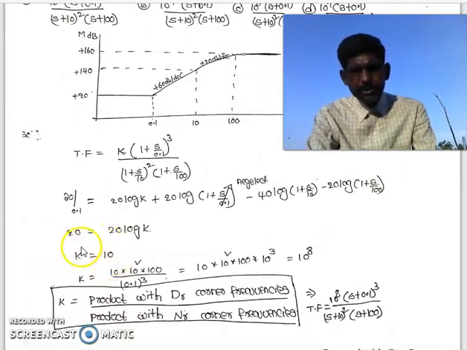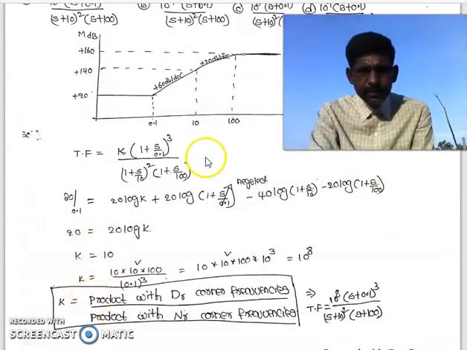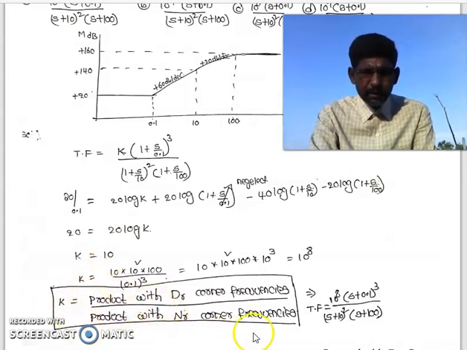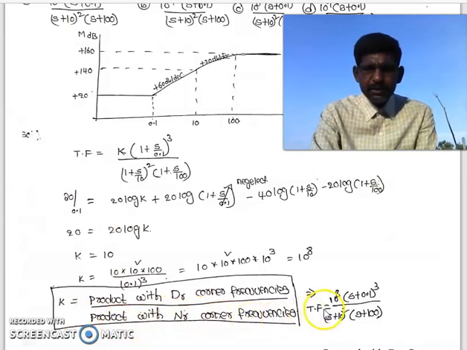The k value we can also find directly by a shortcut method, that is k equals the product of the denominator corner frequencies divided by the product of the numerator corner frequencies.